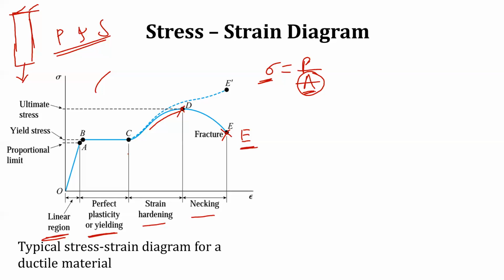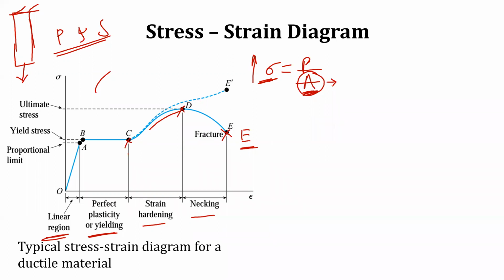If the diameter is reducing, the area should also be reducing. If the area is continuously reducing, that means stress values are increasing. So that curve is shown here by the dotted line, where from this yielding point, the area is reducing. That means the stress value should continuously increase. That means this dotted line is obtained while changing the area continuously. The solid line is obtained by keeping the area constant.